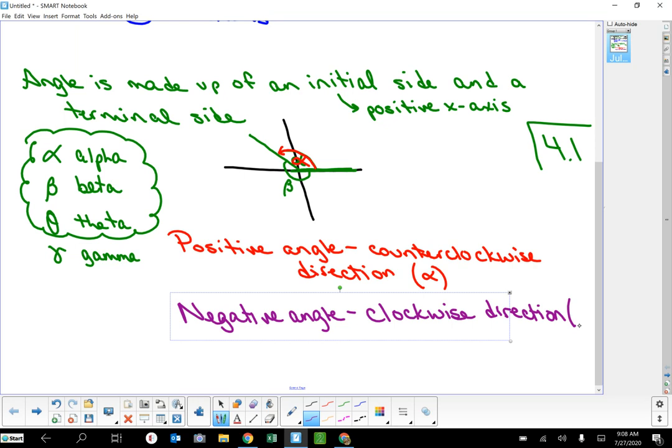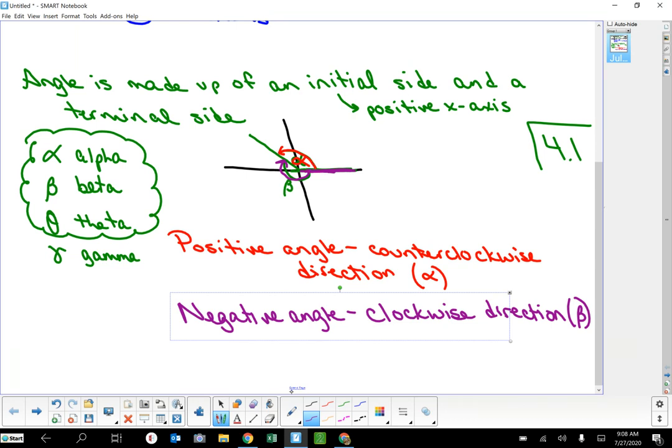And up there, that would be angle beta, because it would start, again, with this axis right here, and it would be going around this way, and that would be the clockwise direction. So beta would be negative. You'd measure from here over to here. Alpha would be positive. You'd measure from here over to here.